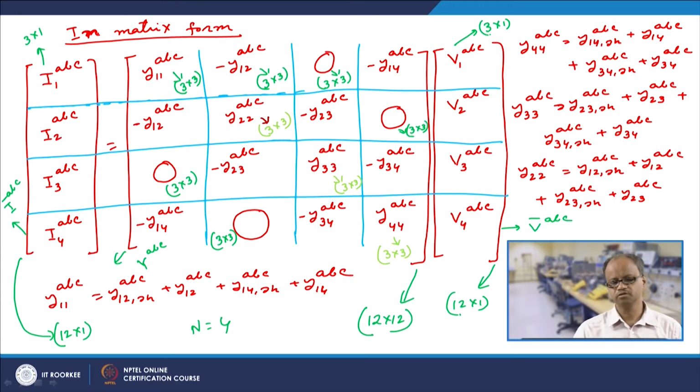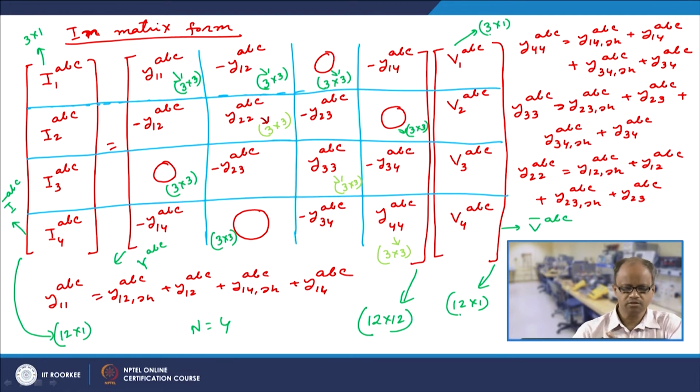So as we can see, the rule for building up the 3-phase admittance matrix exactly follows the rule for building up the single phase admittance matrix. In the case of the single phase admittance matrix also, the diagonal term is nothing but the sum total of the admittances connected at any particular bus, and the off diagonal terms are nothing but the negative of the admittance connected between any two buses.